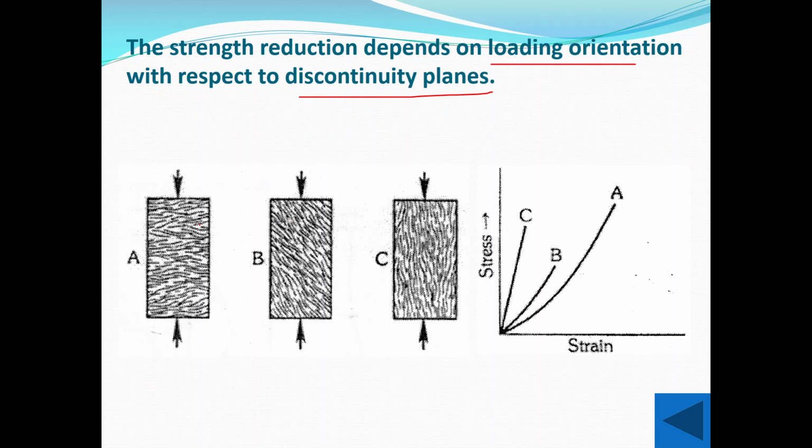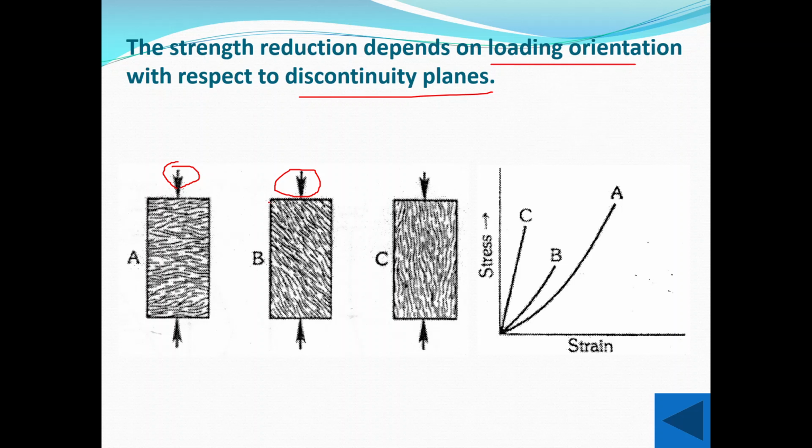This is a discontinuity. This is an example of schist rock. This is schistose foliation, and this arrow shows the direction of load.